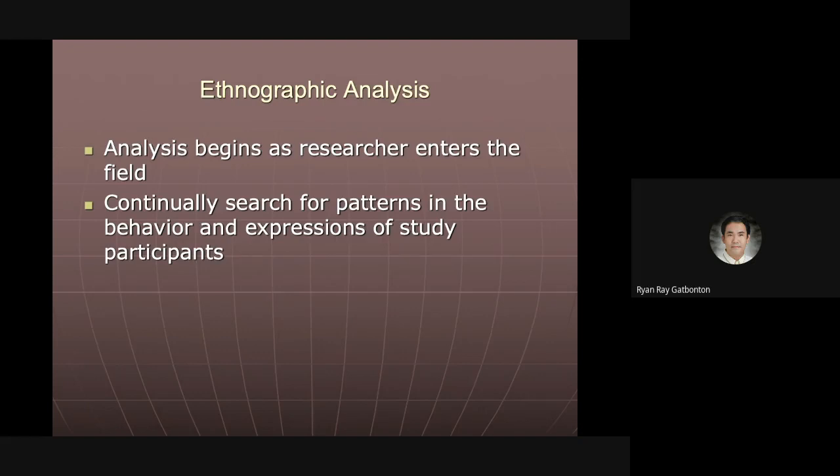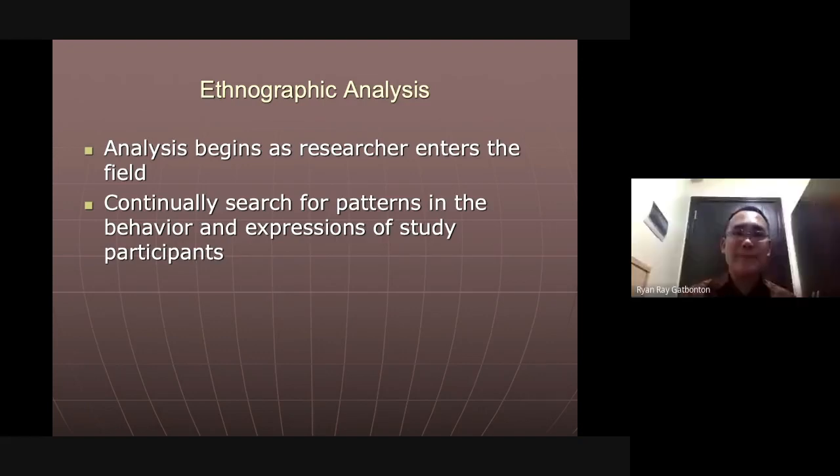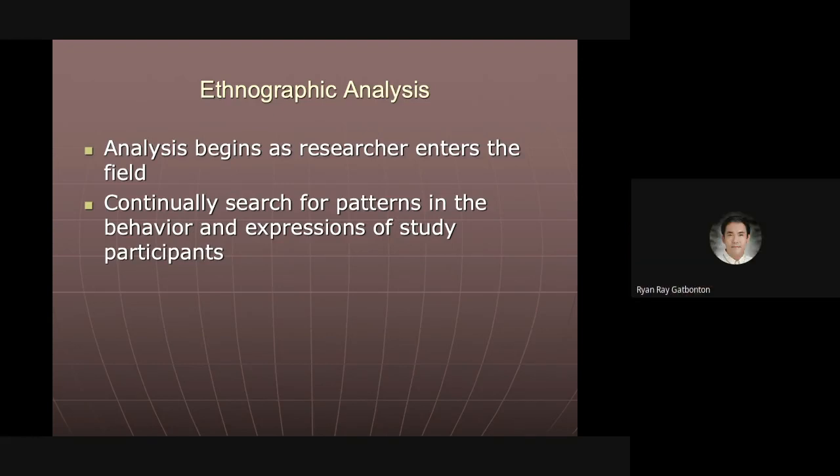Nag-i-immerse ka doon, pag-aaralan mo sila, i-analyze mo ang methods, continually search for patterns in the behavior of your study participants. Until such time na ikaw ay mag-reach ng saturation. Doon ka lang titigil sa observation when you reach saturation.